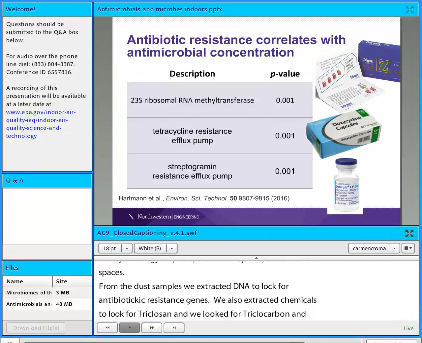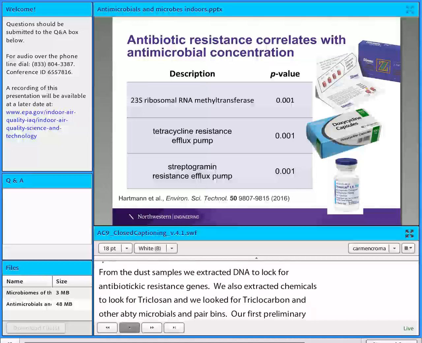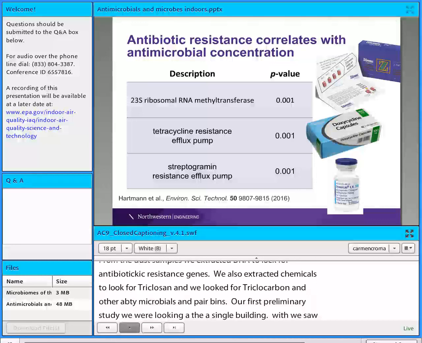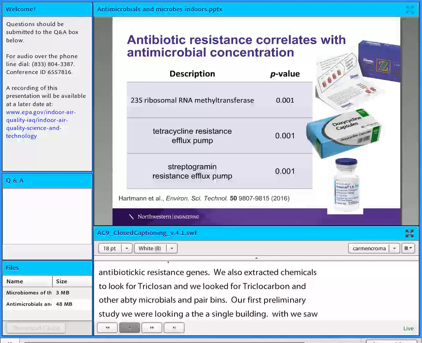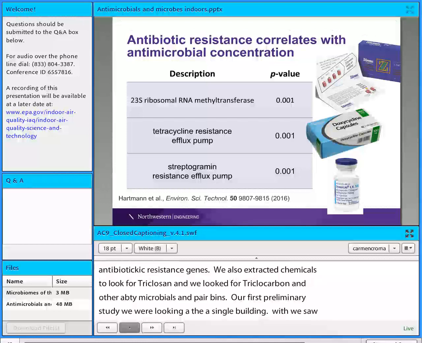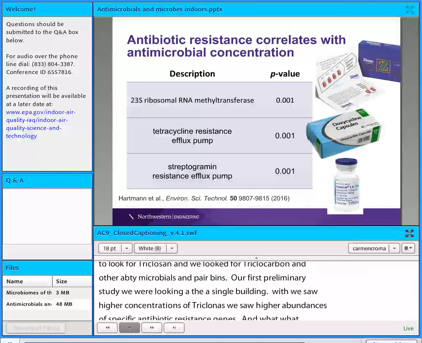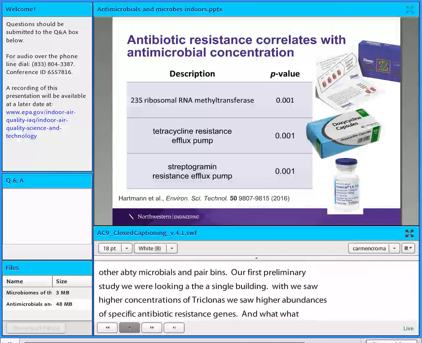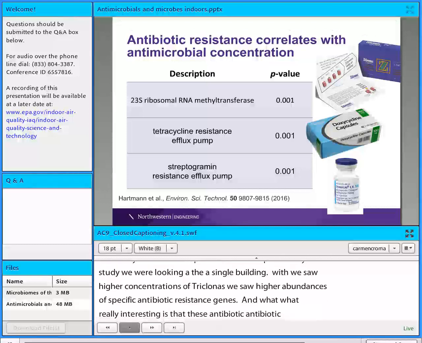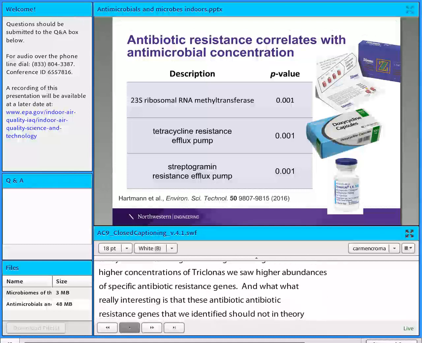So in our first preliminary study where we were looking just at a single building, we saw higher concentrations of triclosan. We also saw higher abundances of specific antibiotic resistance genes. And what was really interesting is that these antibiotic resistance genes that we identified should not, in theory, confer any advantage against triclosan.